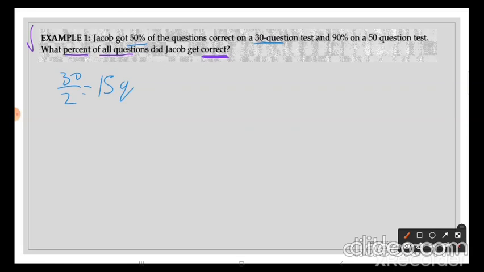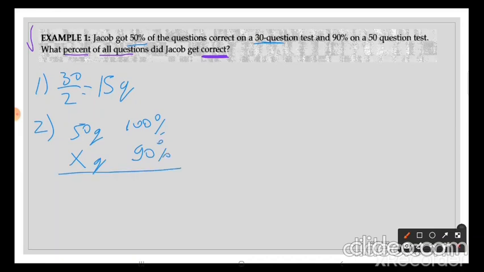And let's find on it. This is test 1. This is test 2. 90% were correct. So we will write 50 questions. It is total. It is 100%. X questions we don't know. It is 90%. We will use cross product.